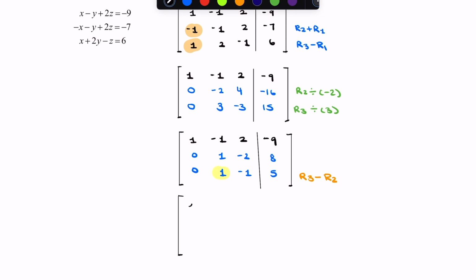That'll give us 1, 0, -1, 1, 2, and -2, and -8, 9, and 8. And then our bottom row will now be 0, 0, 1, and -3. Okay, so now it matches our Gaussian elimination or our row echelon form.